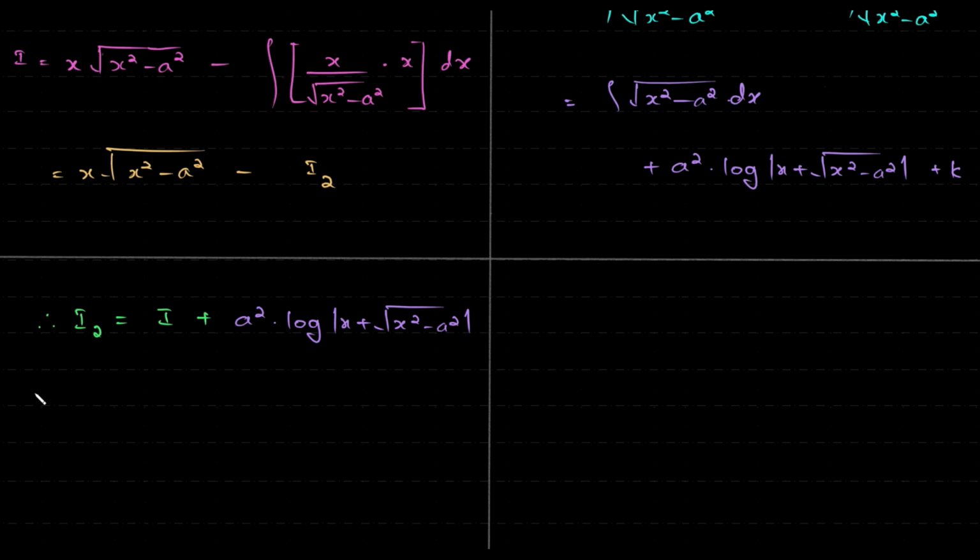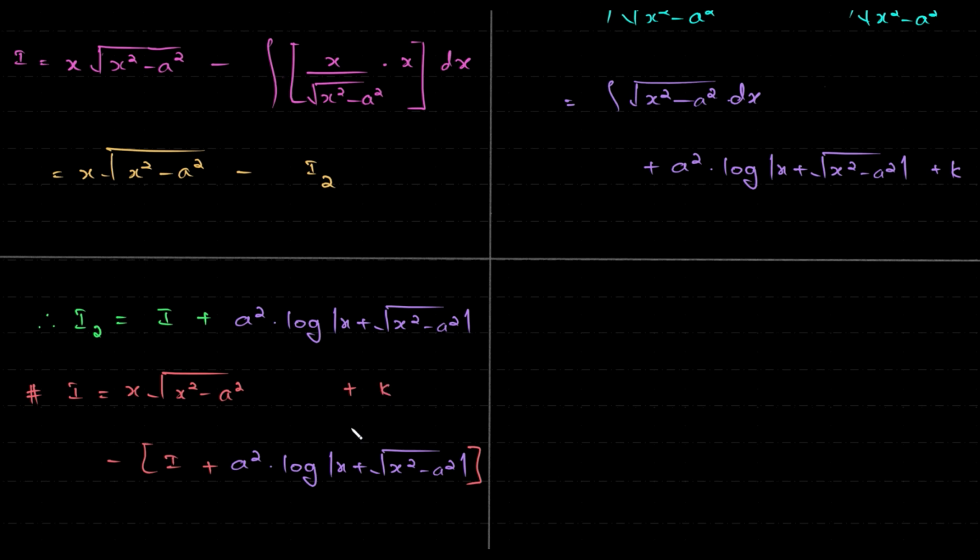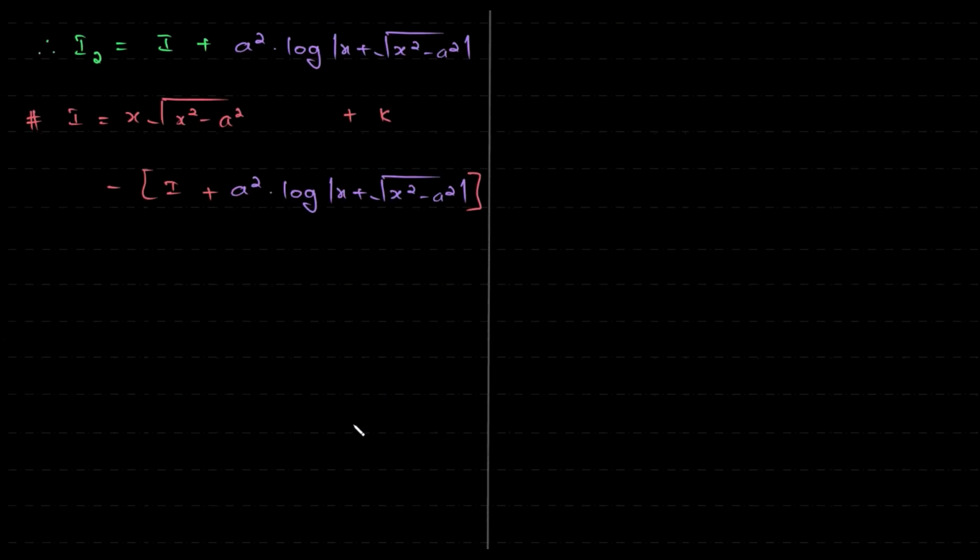Okay, and moving on, I will be equal to x square root of x square minus a square minus I, it's over here itself. I'm just substituting into that, plus this particular expression again, plus some constant, and with a bit of rearranging, if I multiply with minus 1, this will become minus I. If I transpose, it will become I plus I. So this is 2I. Simple maths.